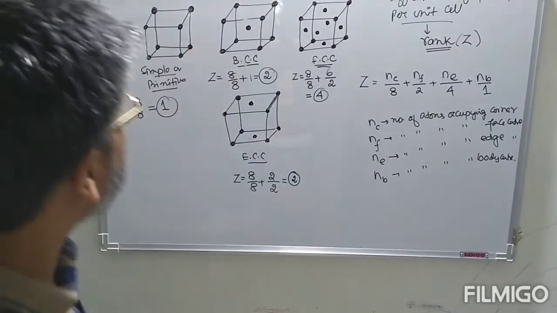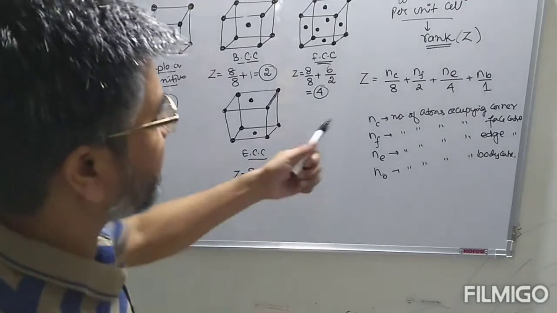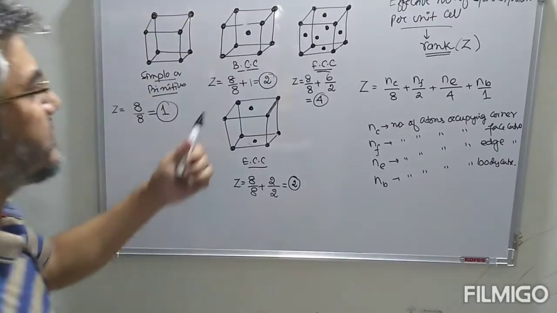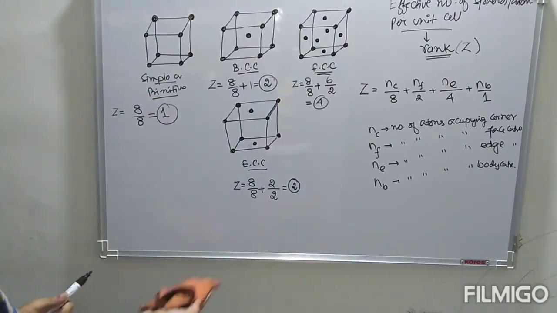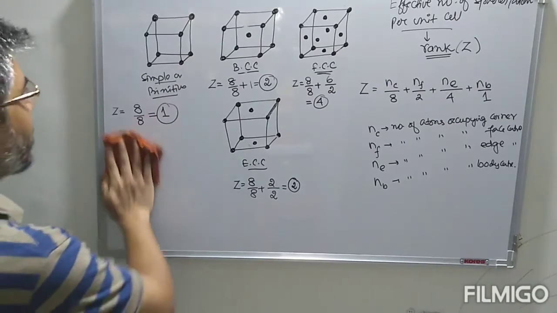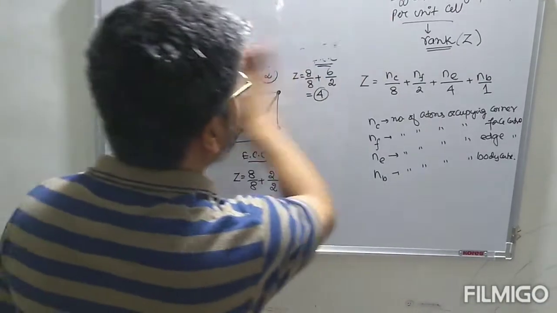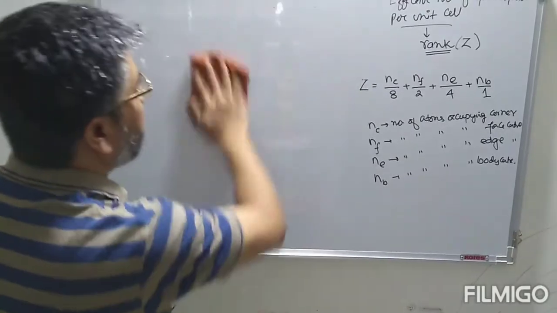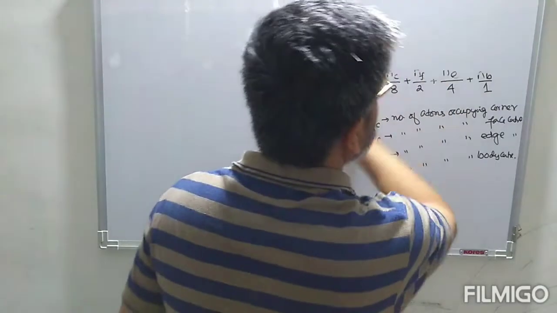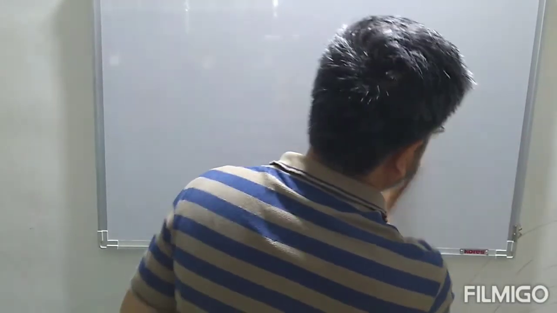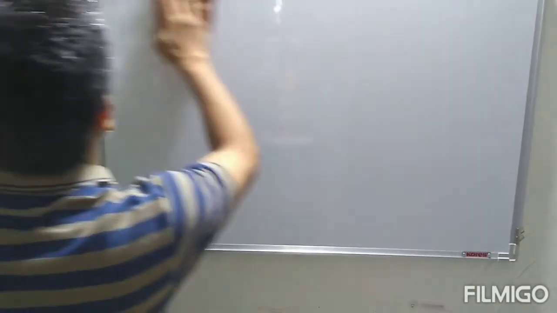So once we know this effective number of atoms and the arrangement of points in different forms of lattice, now we'll find the formula of a unit cell or formula of a compound. So first let me take some example.